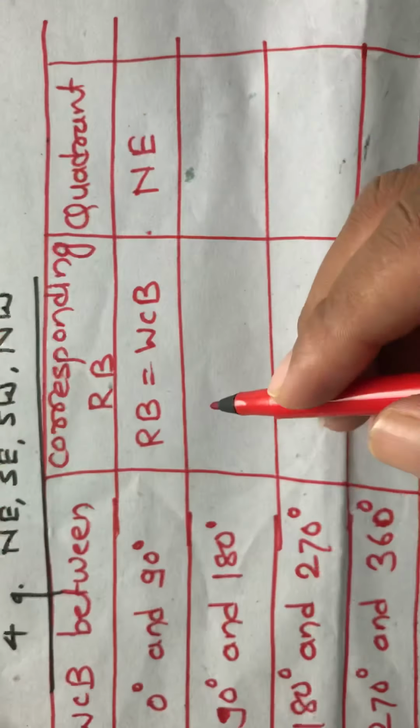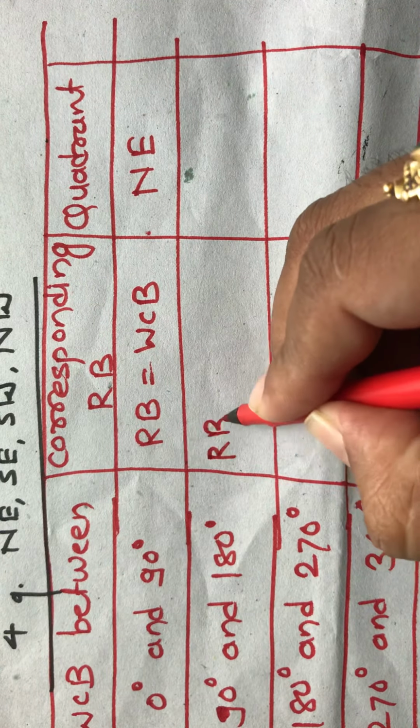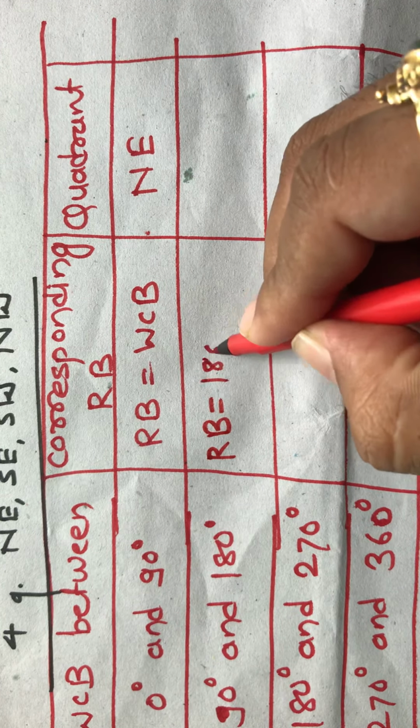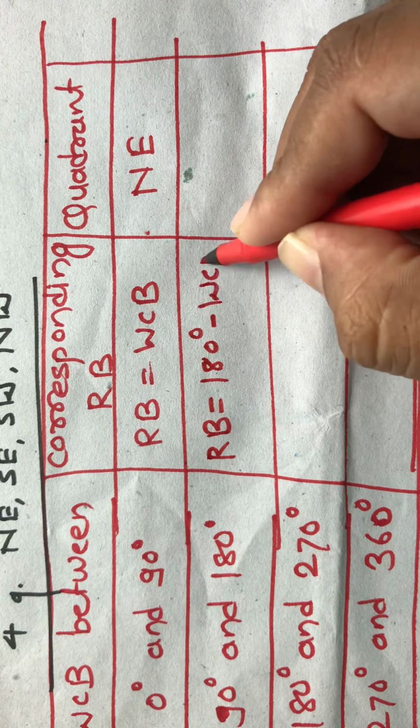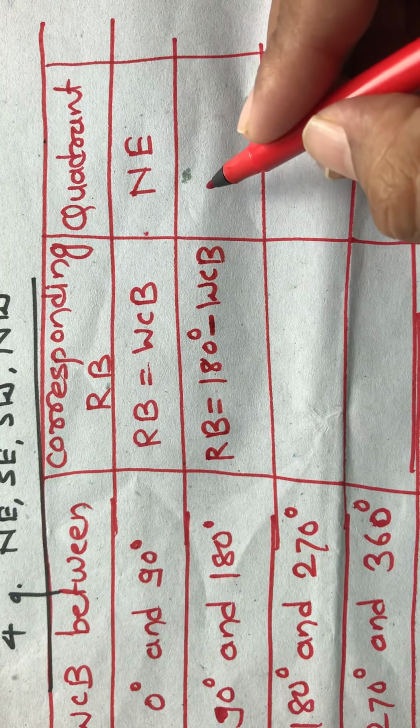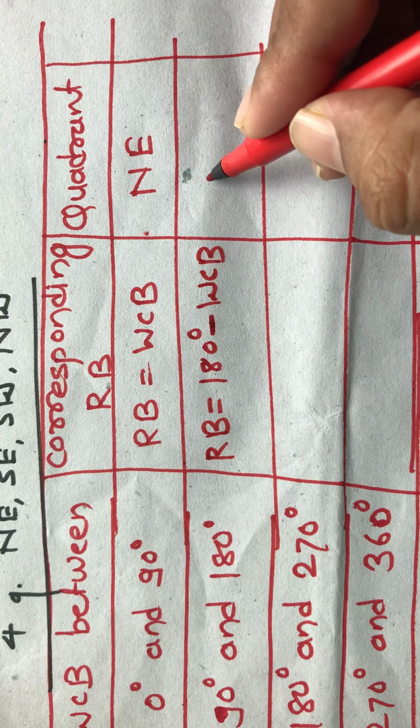So I will write reduced bearing equals 180 degree minus whole circle bearing, which is in quadrant southeast.